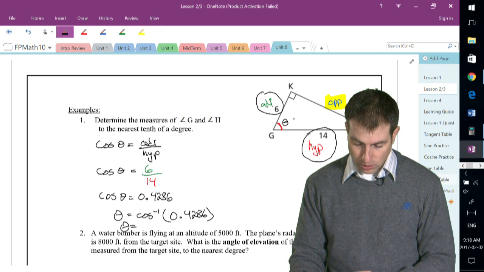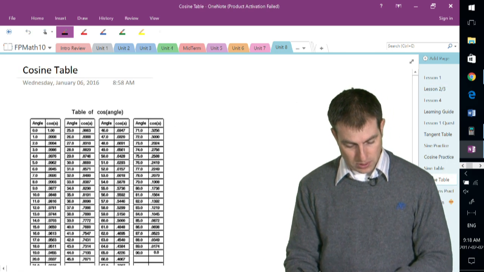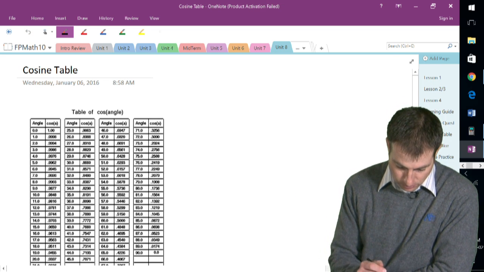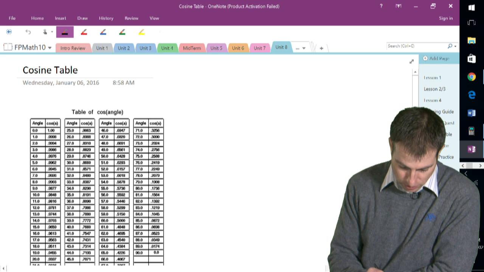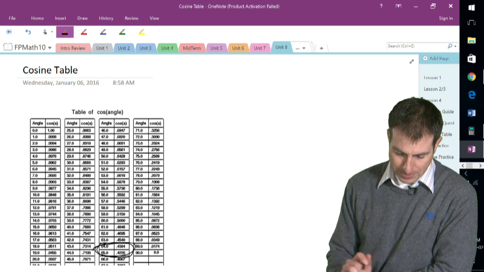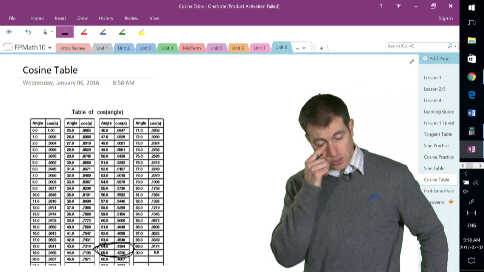I'm just going to go into my cosine table here because I like using these. So I'm going to find 0.4286. Where are we right here? 0.4226. So it's kind of somewhere between 64 and 65 degrees. 0.4286, yeah. So it's going to be 65 or 64 point something.